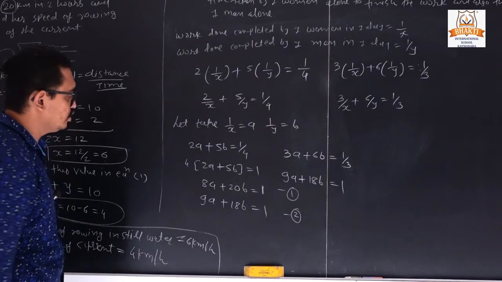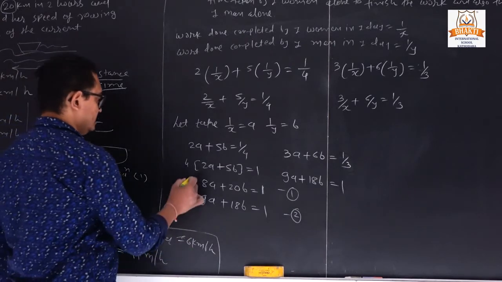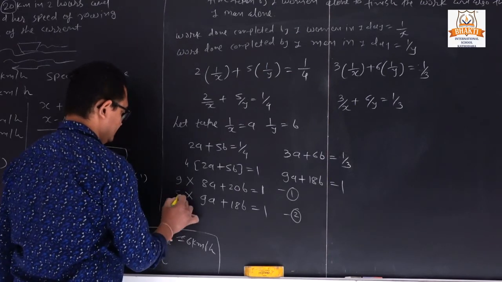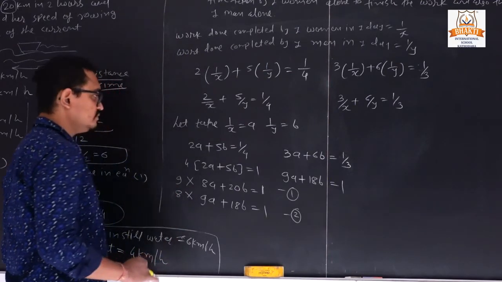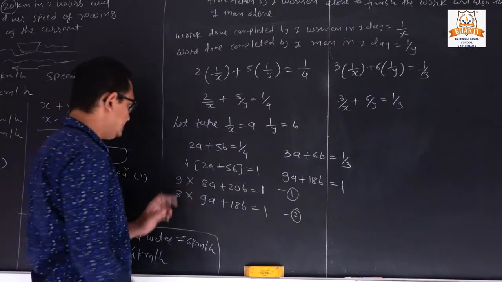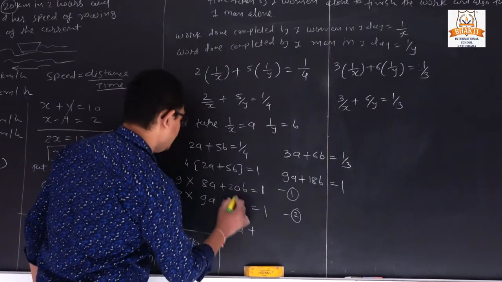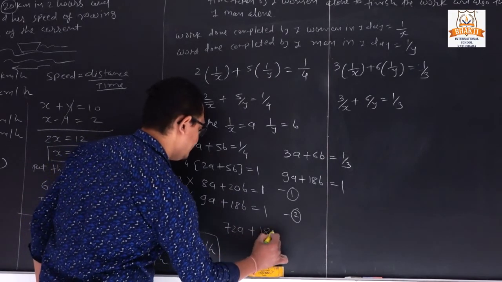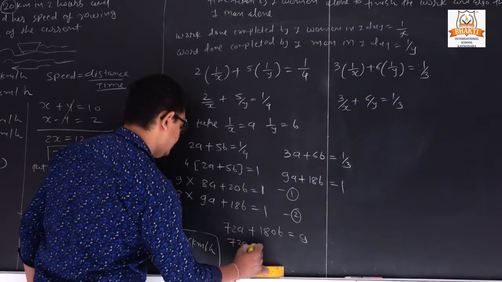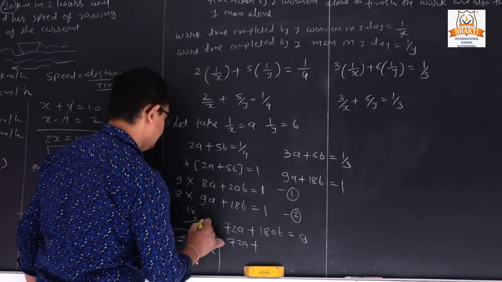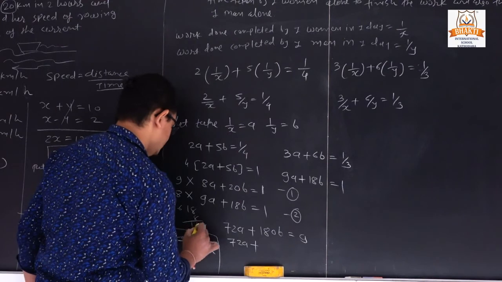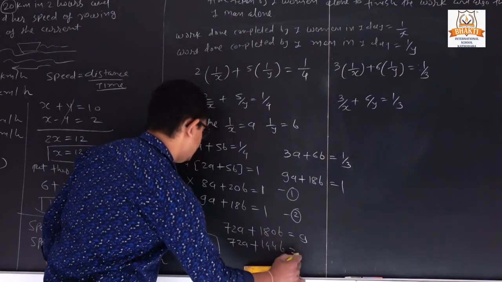Now simplify both. Here I am multiplying with 9 and here I am multiplying with 8. Clear? So 8 9s are 72a plus 180b is equal to 9, and 72a plus 18 8s are 144b is equal to 8.